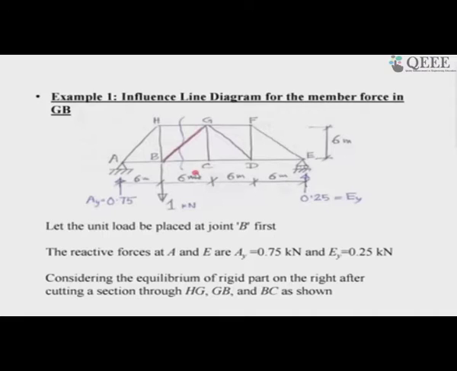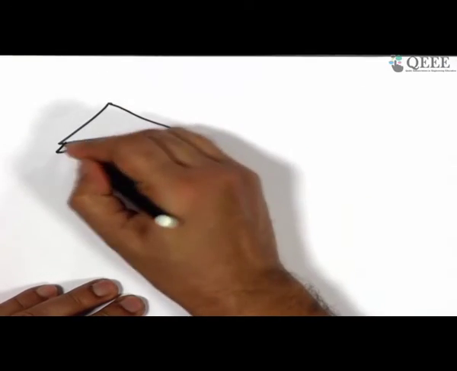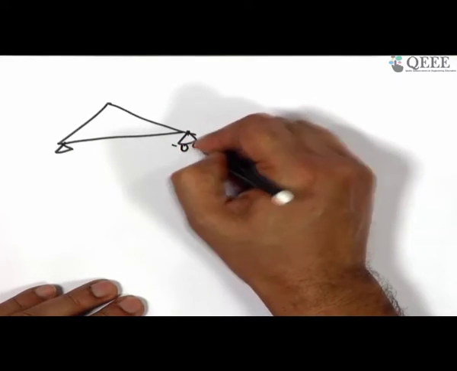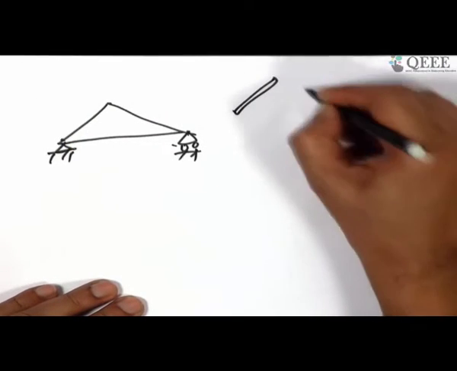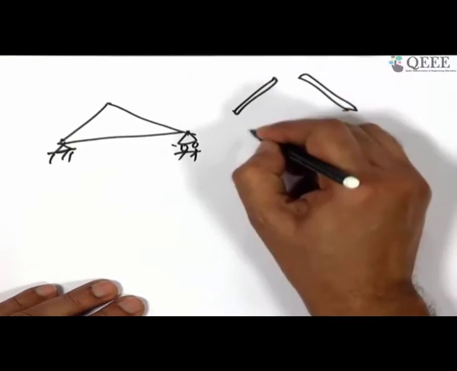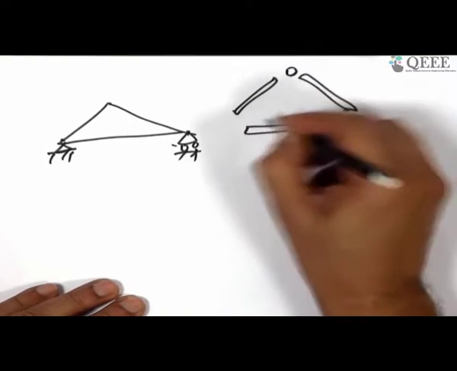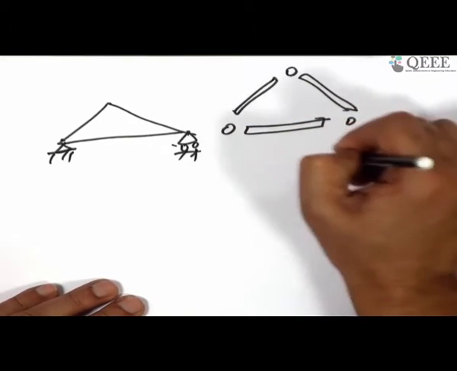By the way, one interesting thing to be remembered: suppose there is a truss and you are trying to solve it by the method of joints. Please remember, what you do is actually separate the members of the truss and the pins. These are the pins where the members will be connected.